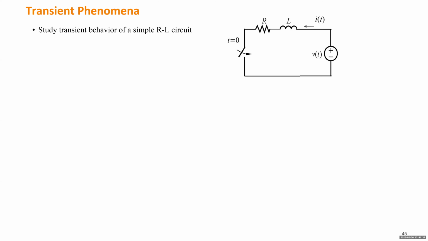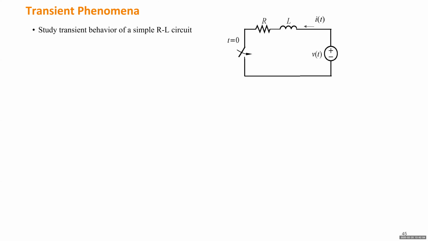We know for subtransient dynamics that the decay time will be several cycles. For transient dynamics, it can take as long as 10 seconds. So there should be some parameter telling you this is 0.1 second, that is 10 seconds. What is that parameter? Let's start from this very simple circuit with a single resistance and single inductance powered by a source.